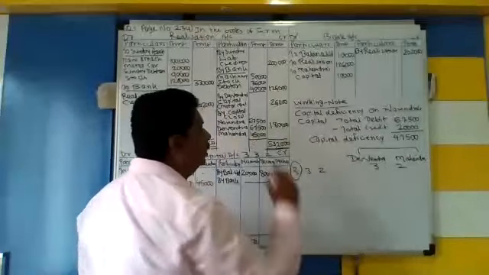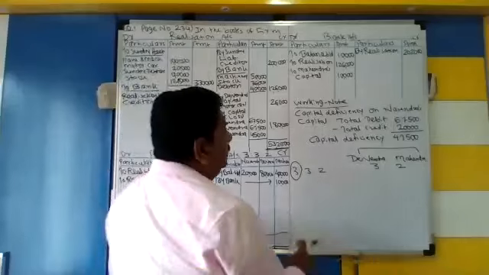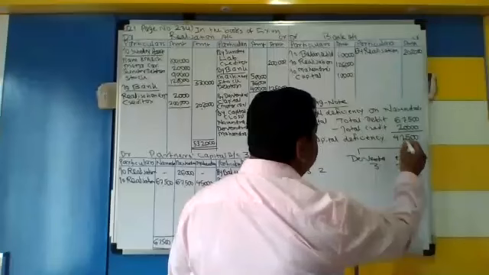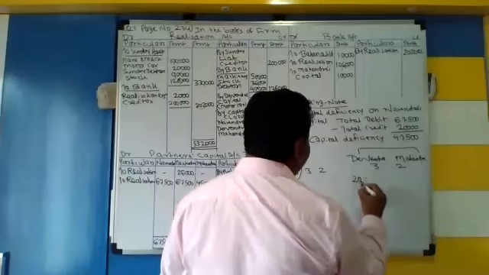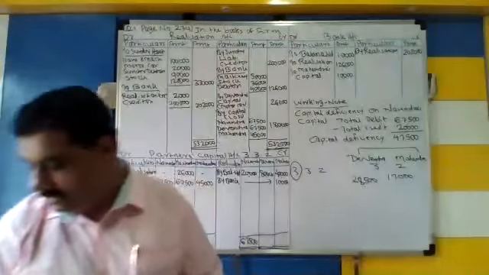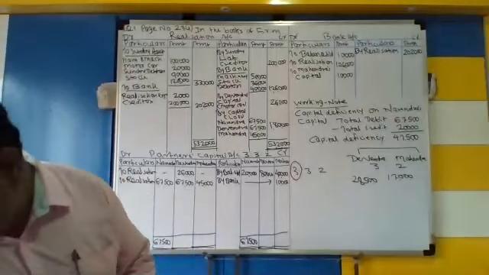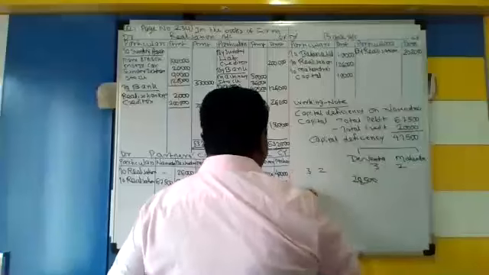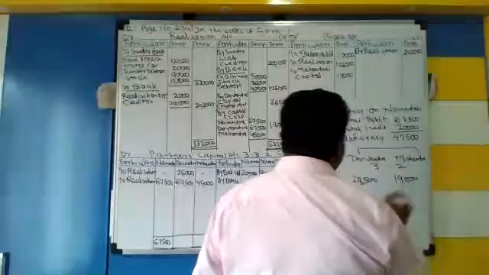Out of this, Narendra is insolvent. So the remaining ratio is 3:2. So we are supposed to divide the same in 3:2. So divided by 5, it is 9,500 into 3, 28,500 and 19,000. Carefully check. It is 19,000. Sorry.